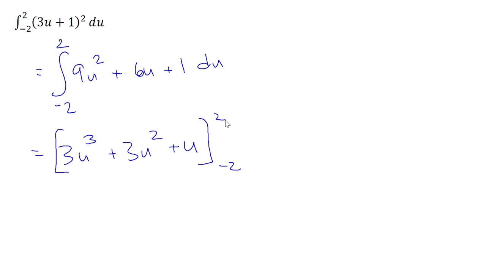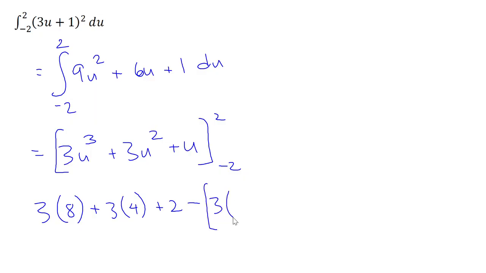And so we'll first plug in 2. So we have 3 times 2 cubed, that's 3 times 8, plus 3 times 2 squared, that's 3 times 4, plus 2. And then we'll subtract from that 3 times negative 2 cubed, which is negative 8, plus 3 times negative 2 squared, which is 4, and then minus 2.